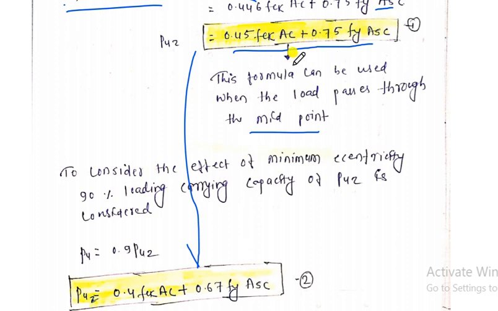My dear friends, in the first formula the code or the designers did not consider minimum eccentricity, whereas I have told you that we must consider minimum eccentricity to prevent failure. In the second formula the minimum eccentricity is considered. So mostly use this formula for the design of the column.